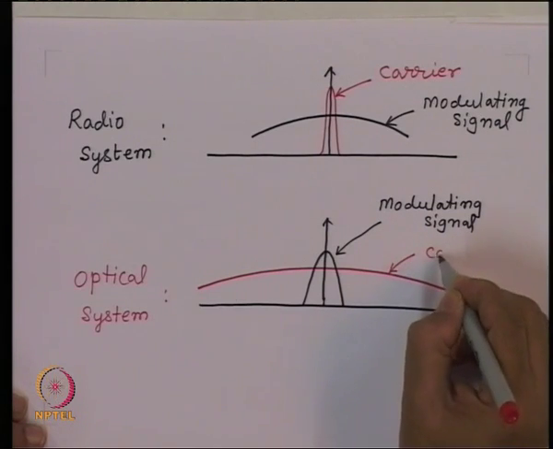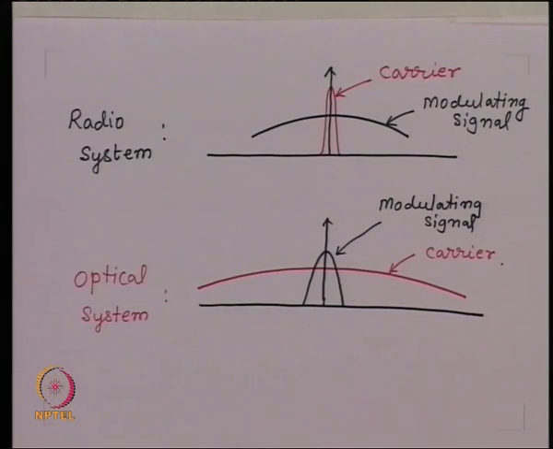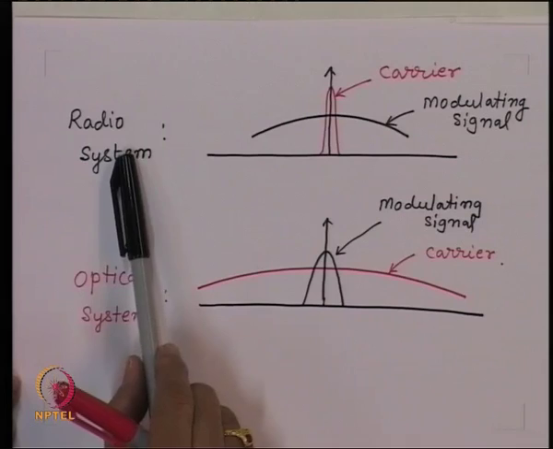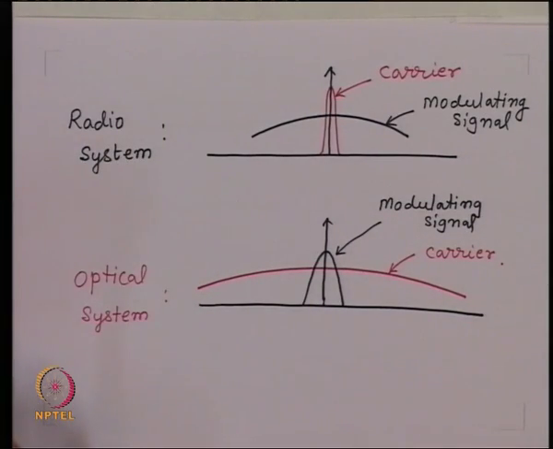So this is the carrier. So as we mentioned earlier, when we analyze a radio system, since the sidebands are very clearly visible, essentially you can recover the signal by using either the spectral domain techniques or by using time domain technique, because the spectrum is very clearly visible, we can see the sidebands.